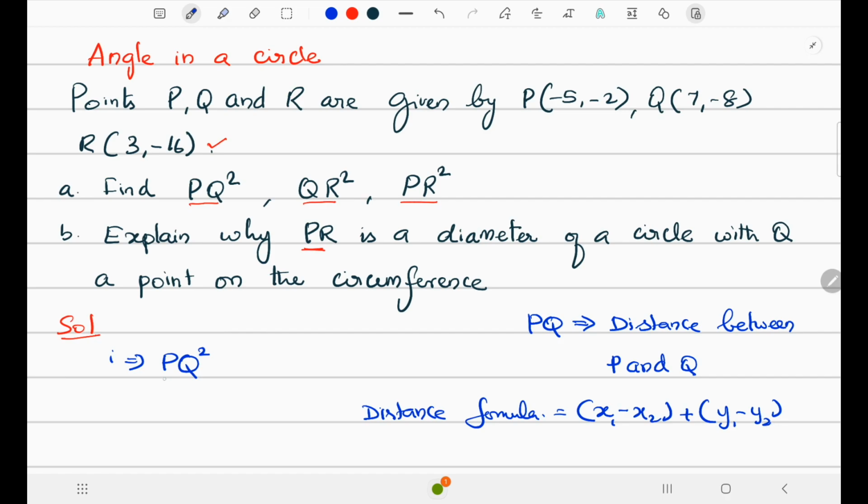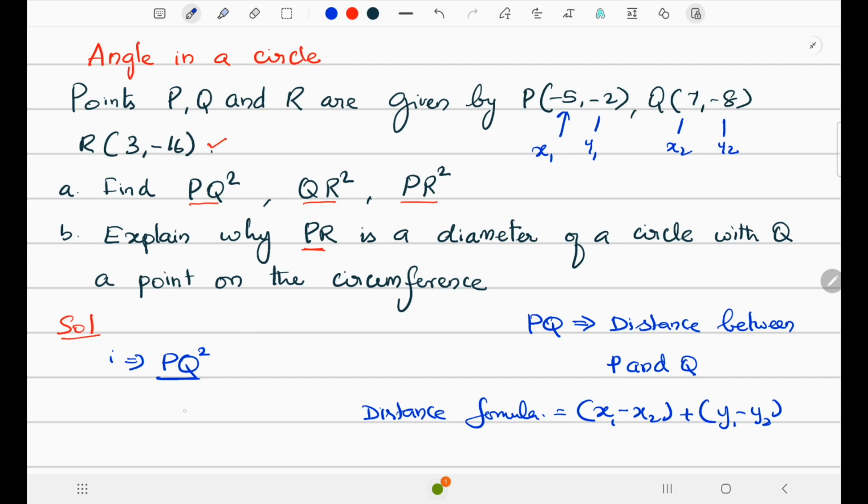Here we need to find the square of the distance, right? So in this case, what is P here? P is -5, -2. Say this is x1, this is y1, this is x2, this is y2.